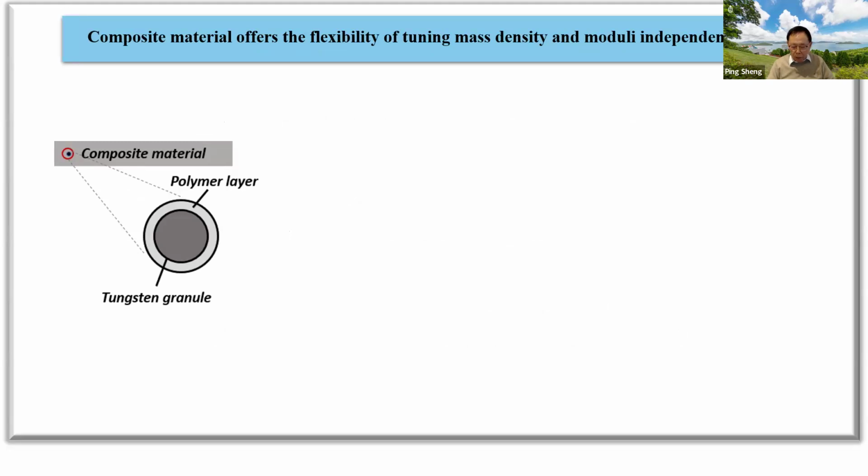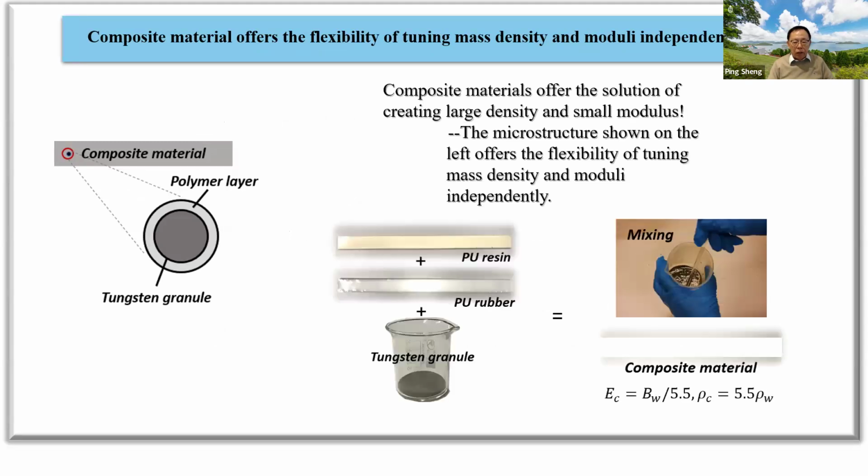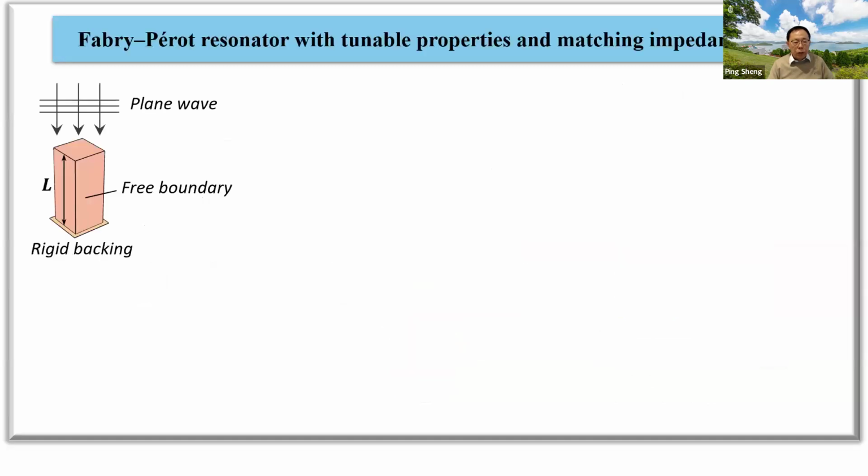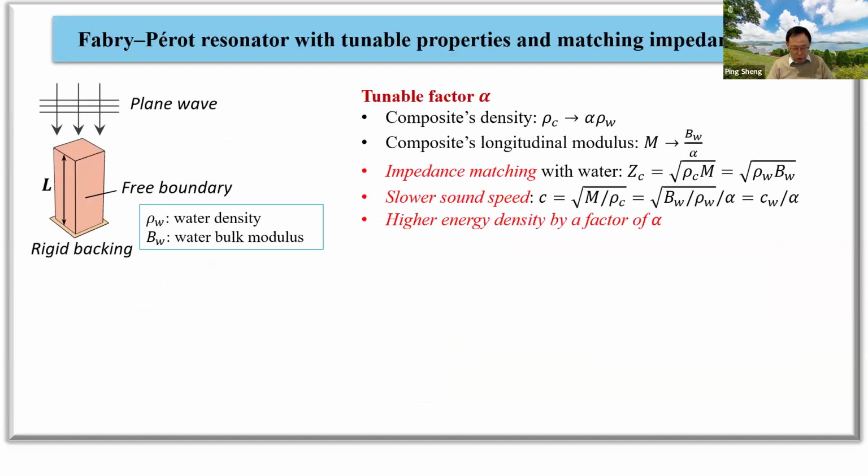That's copper granules, very small ones, microns in size, and they're coated with a polymer layer. And we can achieve composite matching, in which we can use the polymer to tune the Young's modulus and the heavy particles to tune for the mass density.